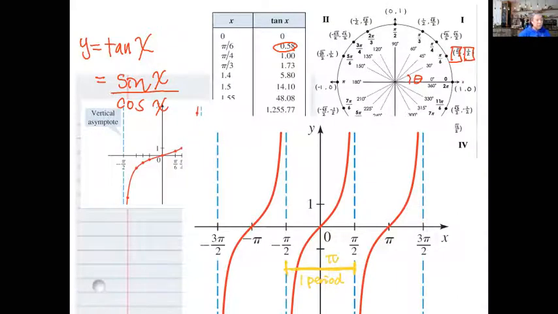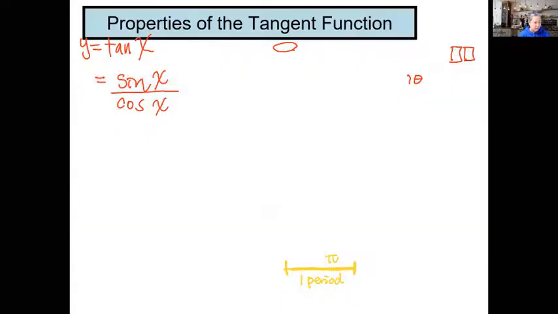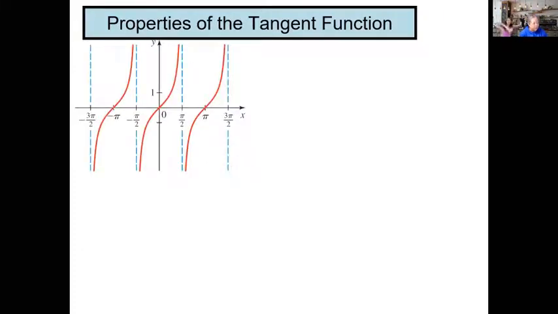Since we took a glimpse of how the tangent graph is constructed here, let's summarize what key features and properties we need to recognize in this tangent graph. Okay, so this is the tangent graph.